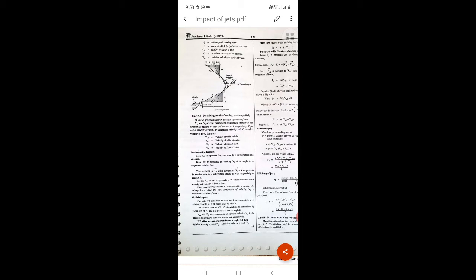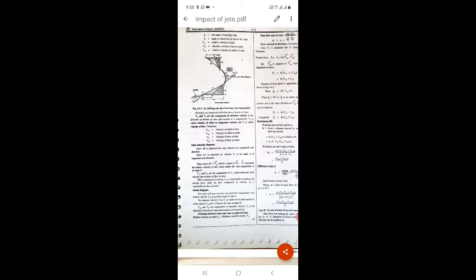So BC is VR1, that is V1 minus U. VW1 and VF1 are the components of V1, which represent the whirl velocity and the velocity of flow at inlet. The whirl velocity VW is responsible for producing the driving force, while the flow component of velocity VF is responsible for the flow of water.